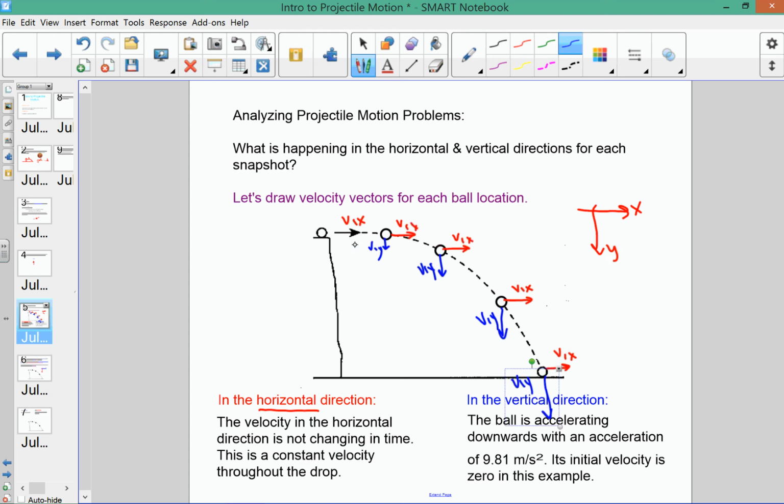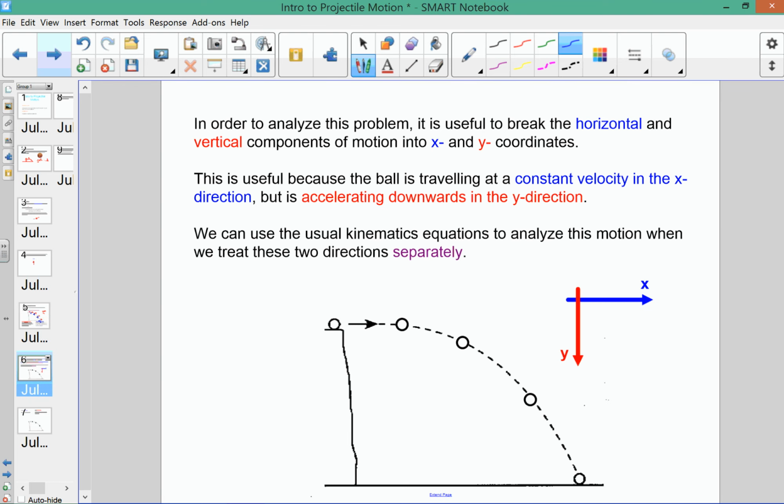Our y acceleration, or our vertical acceleration, is only influencing the velocity in the vertical direction. It doesn't impact the velocity in the x direction. And so that's exactly how we're going to approach all of these projectile motion problems. In order to analyze them, we're going to break the horizontal and vertical components into x and y coordinates.